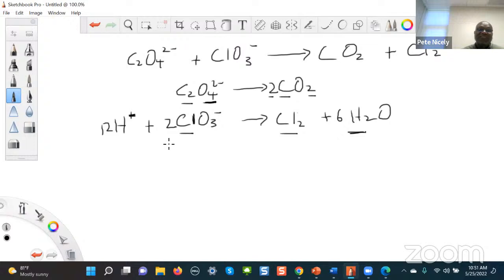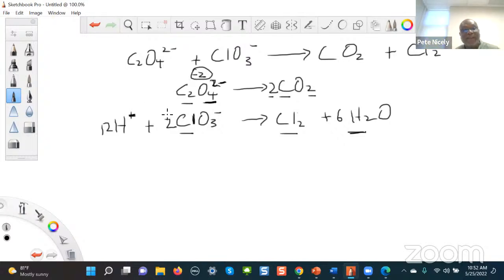All right. So how do we balance the charges for the first half equation? How many charges do we have total on the left side for the first half equation? -2. All right.